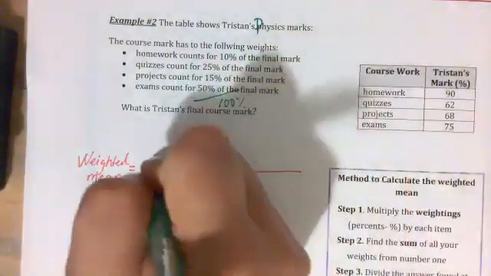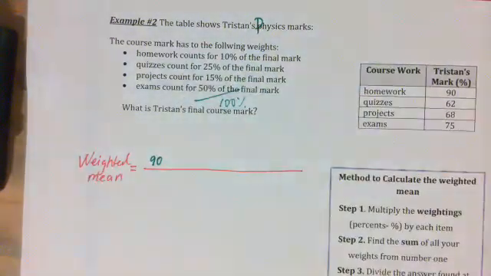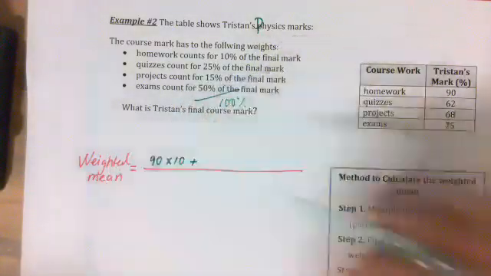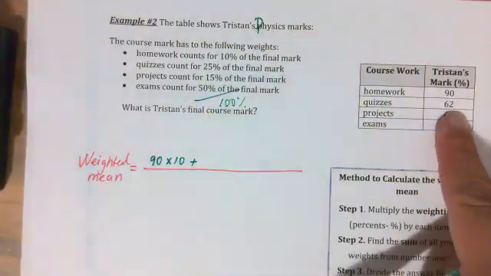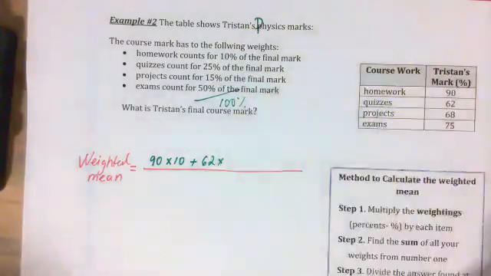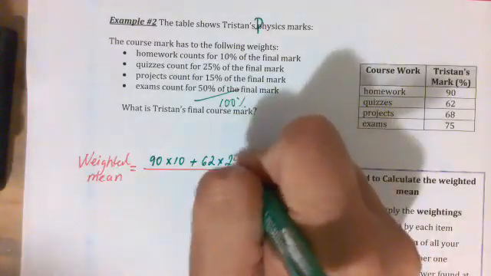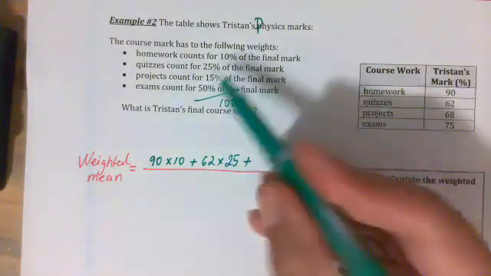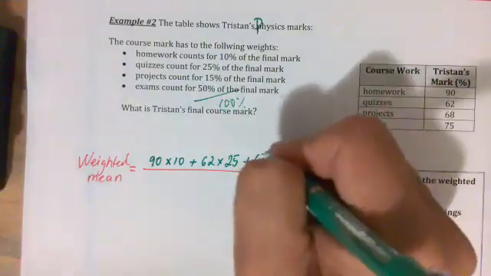Homework, so we have the item homework, he had 90%, so times 10. Plus the second item, quizzes, he had 62 times the weight, which is 25. Third, projects, he got 68 in them, so times 15.